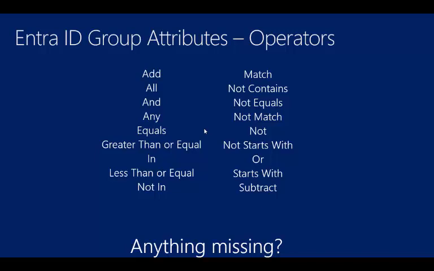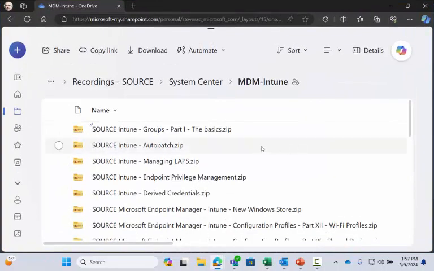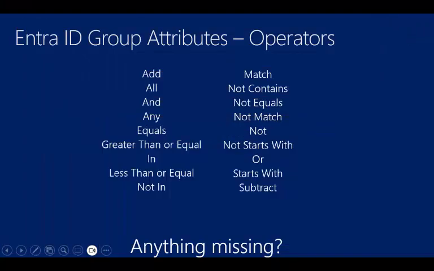And the way that you decide what to do with those attributes or to manipulate the data that those attributes contain is by using these operators. And so in Intune, the operators are right alongside the actual attributes as you're defining things.